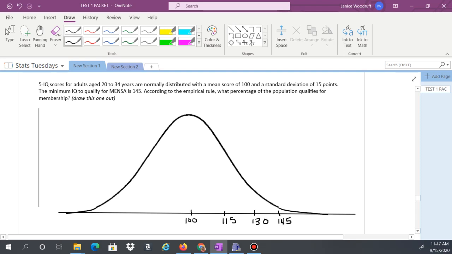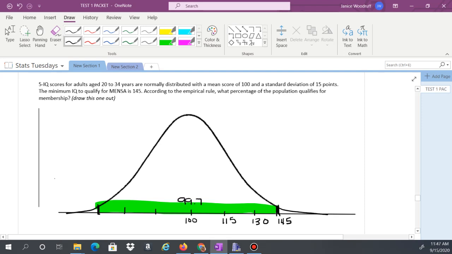Okay. So according to the empirical rule, what percentage encompasses 3 standard deviations? 99.7%, right? All right, so if this area in here, from here to here, is 99.7, how much is left over?